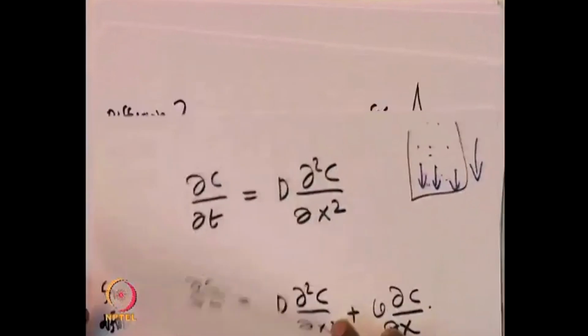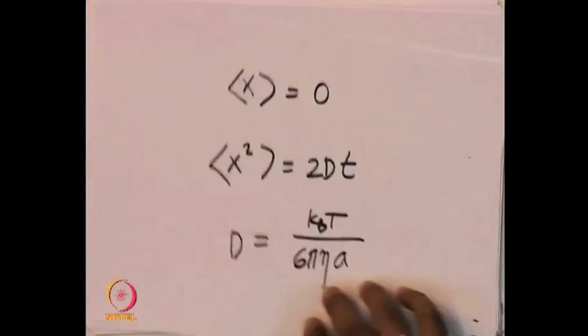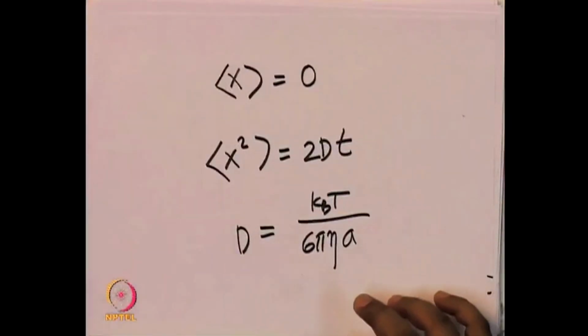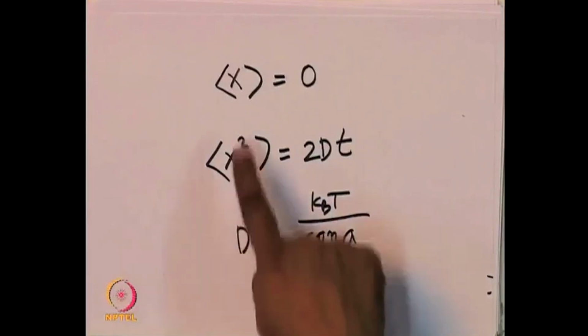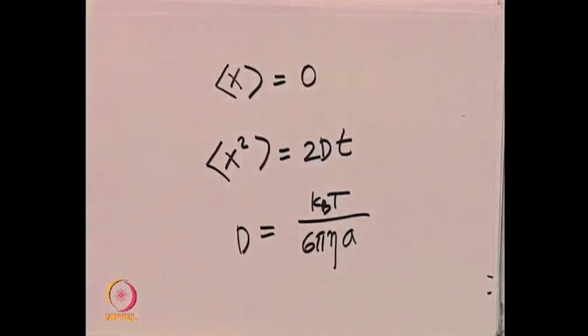From this mathematics, essentially you get three important relations which you should all remember. That is the average distance that a particle moves.